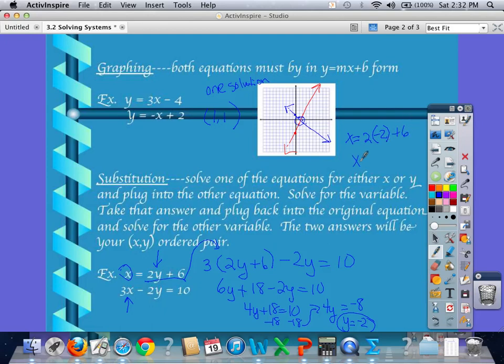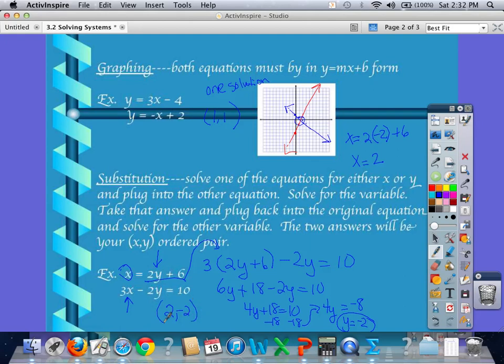So x is equal to 2 times negative 2 is negative 4. Negative 4 plus 6 is 2. So my ordered pair for this answer is going to be x is 2, y is negative 2. That is my answer for my solution.